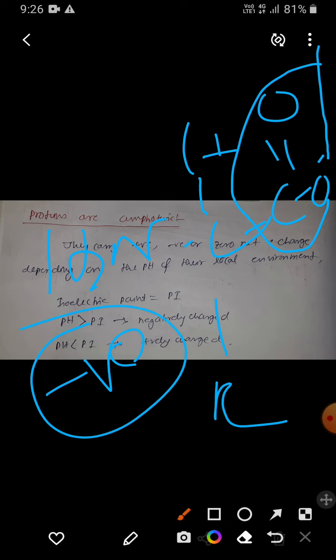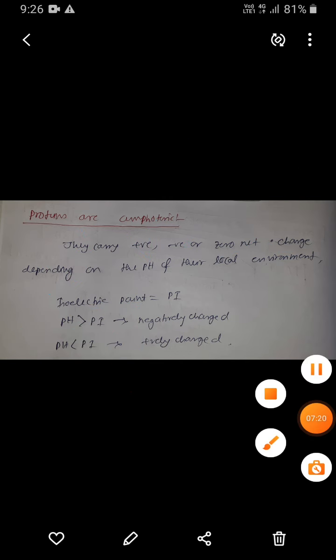negative. So as we know that protein is nothing but made up of amino acids, so we can conclude that the same funda will be applied in case of protein too. So if the pH of the environment is greater than pI, and now what is pI? pI is the point at which the protein does not migrate towards any of the electrodes.